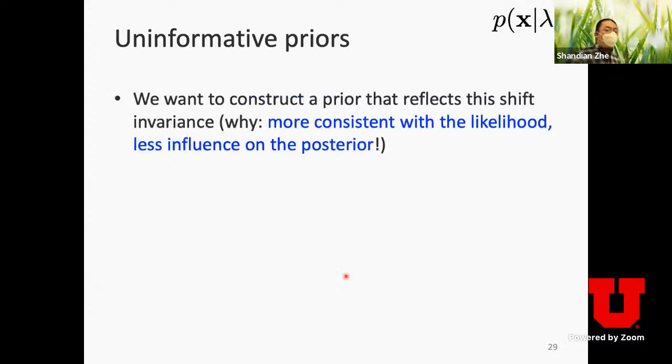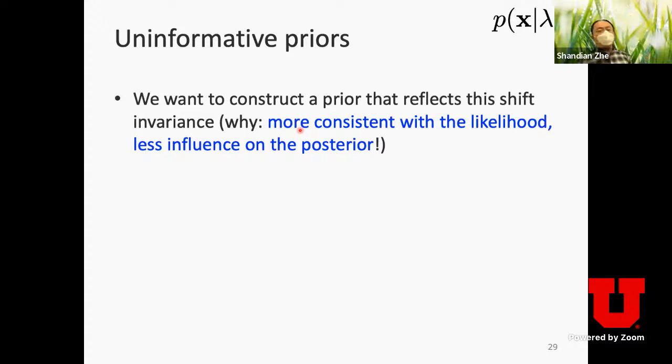If we want to construct an uninformative prior, we want this prior to be as consistent as possible with the likelihood. Why? Because if your prior is drastically different from the likelihood, you can imagine your posterior, which is a combination of your prior and likelihood, can have a fierce battle between the two.